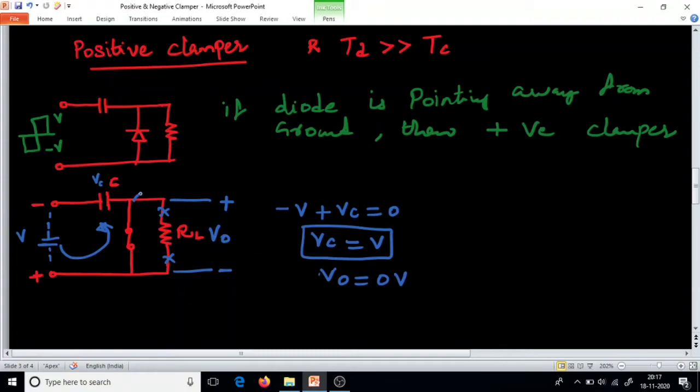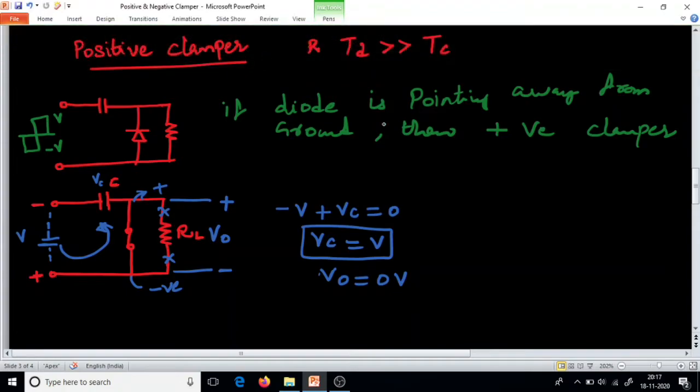The capacitor positive and the capacitor negative are connected at points of the same potential, so we get an output voltage of 0.